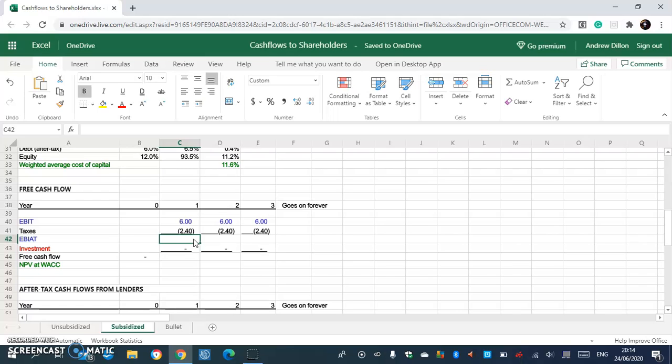Now let's calculate the EBIT. So let's add these two together. Since there's brackets here, it's going to be a minus instead. And that does go on forever. So you have to constantly keep calculating the figures until we find the final figures for the shareholder cash flows. Right, okay, let's move on to the investment.